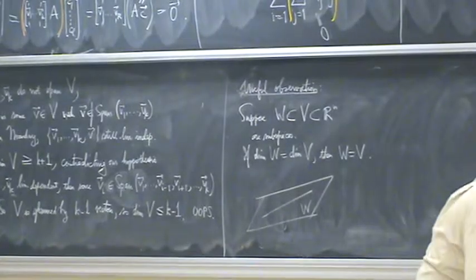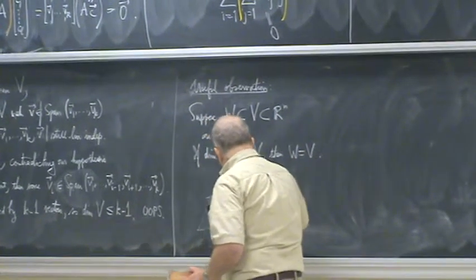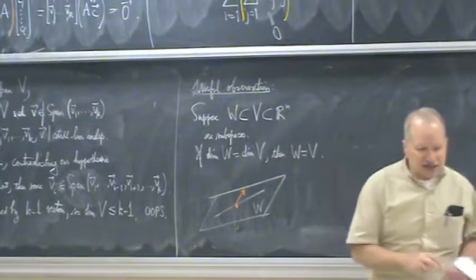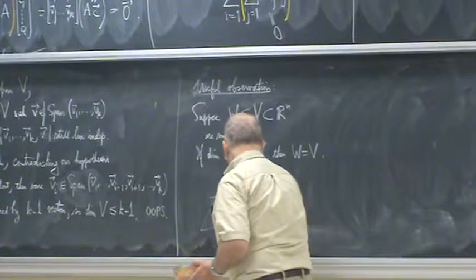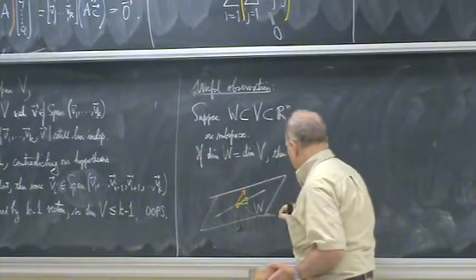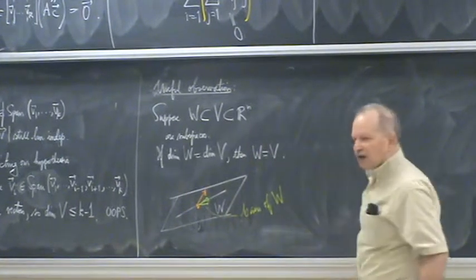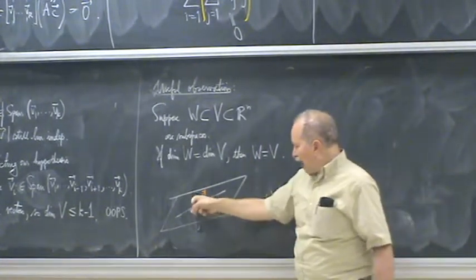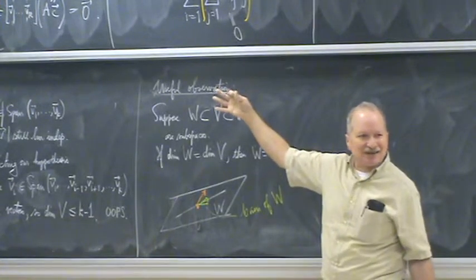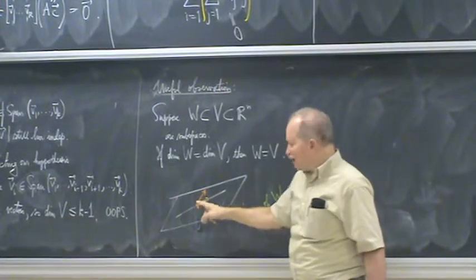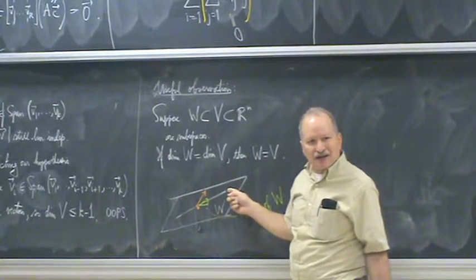Agreed? So what would that mean? It would mean that if you took a basis for W, so that's supposed to represent a basis for W, to get a basis for V, I would have to add at least one more vector by our same proposition that we just used. Linearly independent set, vector not in the span, still linearly independent set when you throw it in.